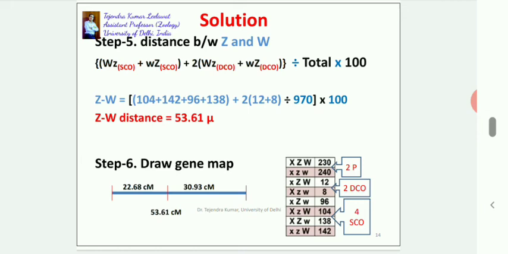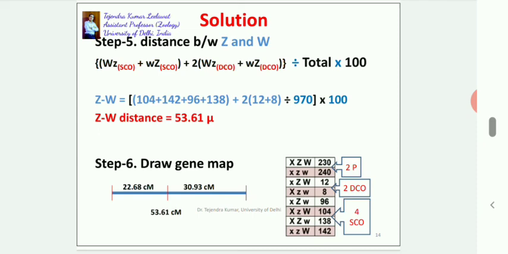One more thing I want to clear again: if you are identifying the distance between two genes which are present on the first and third position, not first and second or second and third, meaning they are distant apart and on the edge of that sequence, then you have to add all those data except parental, because I told you again and again that we are calculating recombinant frequency, not parental. So I added 104, 142, 96 plus 138, and again added the number of double crossovers, 12 and 8, and multiplied with 2.